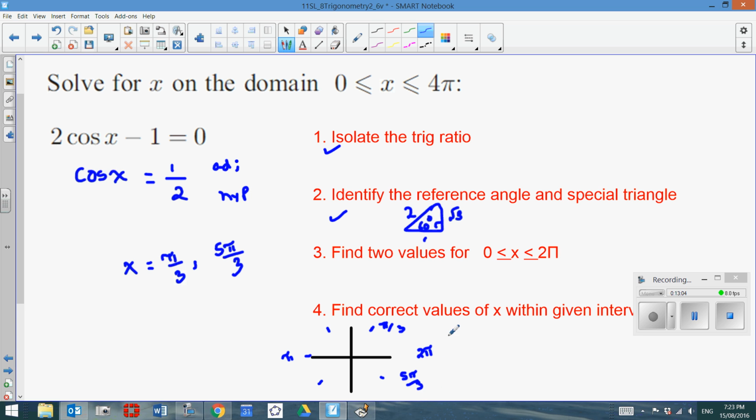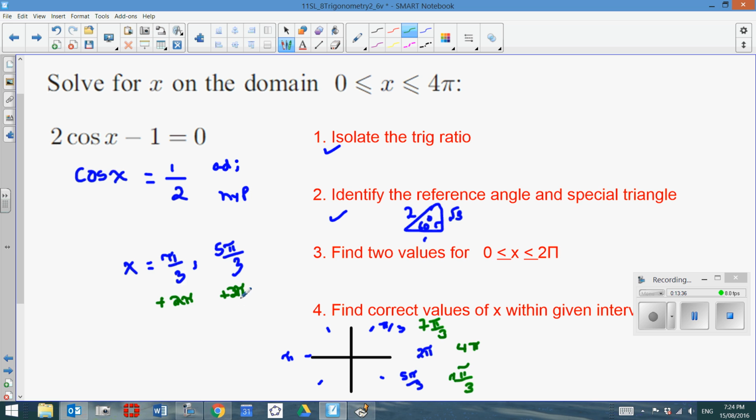I need to continue to go all the way to 4 pi units. I'm going to choose green here. So that means this is 6 pi/3, so 7 pi/3 would be my second time around, and then 8, 9, 10, 11 pi/3 would be the second time around when I hit 5 pi/3 before I complete my second full circle at 4 pi units. So basically what I just did was add on a full 2 pi to both of my original values.